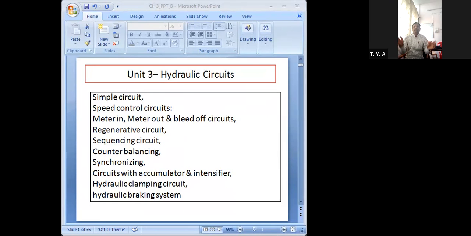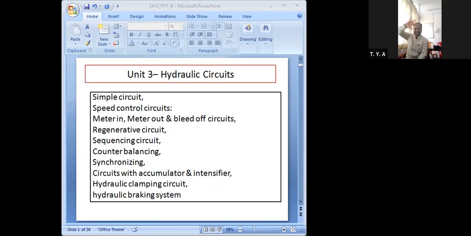Whatever parts there are in the hydraulic system, if you connect or assemble them together, we get one hydraulic system or hydraulically operated machine.